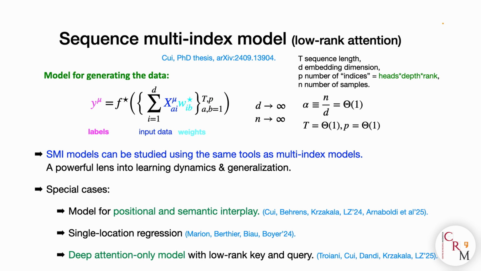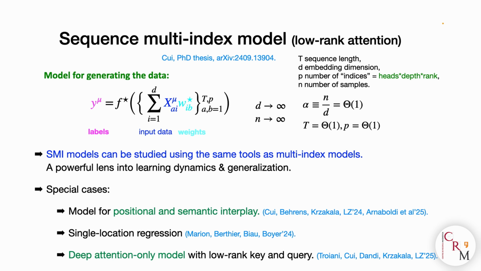There is some ground truth vector on which we project, and then the output is some arbitrary ground truth function f star. The stars, always in the talk, will be for the ground truth, and when there are no stars, that's the model that is learning, or the weights that are being adjusted in the learning process. But the stars will always be the teacher weights or the teacher ground truth function.